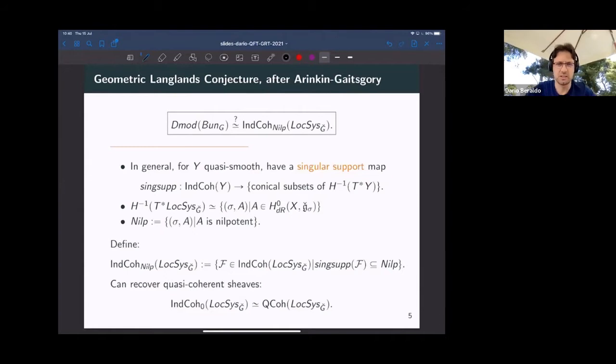I'm on this page on the geometric Langlands conjecture, and it's an equivalence of categories. On the left-hand side, we have the automorphic side, but I can see I'm not writing anymore.